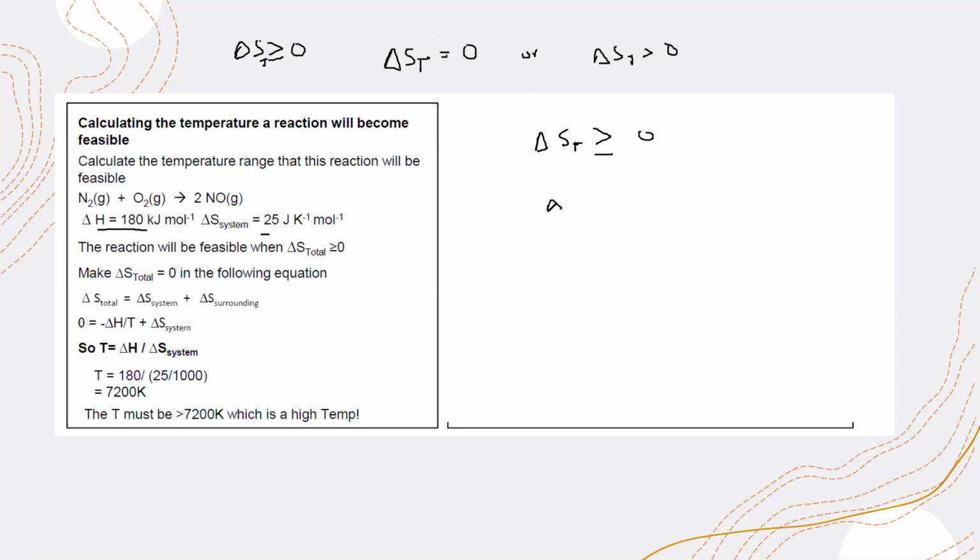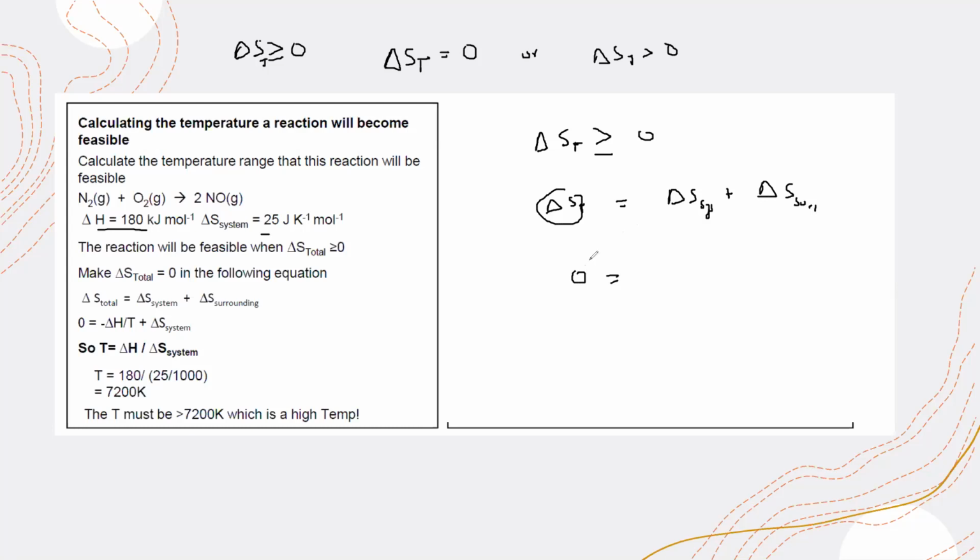And we know the total entropy is the entropy of the system plus the entropy of the surroundings. So if this value is 0, I can write 0 here. Entropy of the system is product minus reactant.